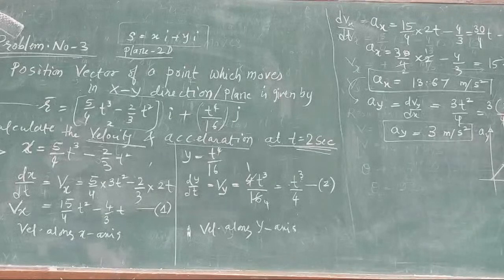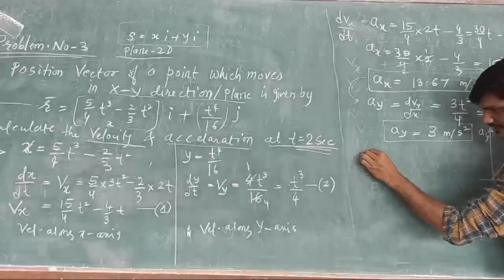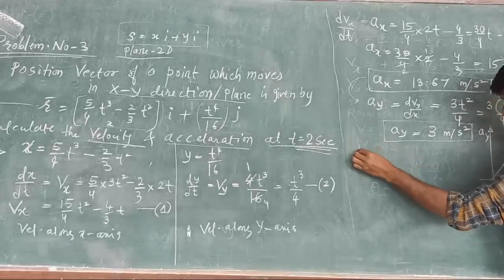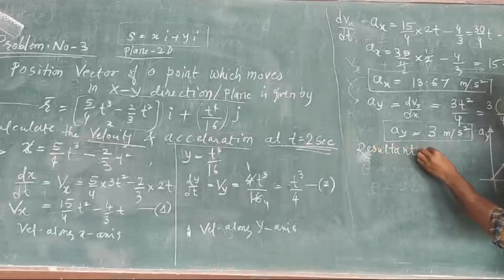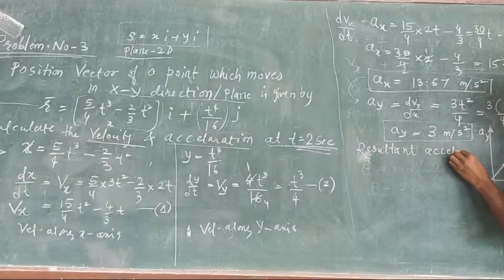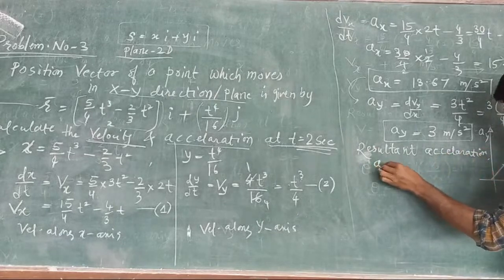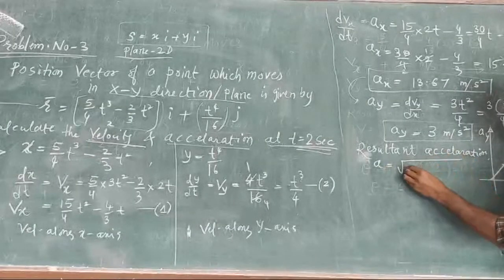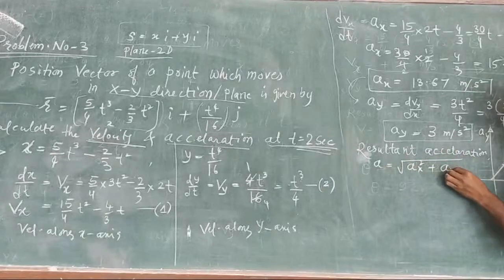Earlier we took theta, now we will take alpha, where alpha is the angle made by the acceleration. First we will calculate the resultant acceleration, where a is equal to the square root of ax square plus ay square.